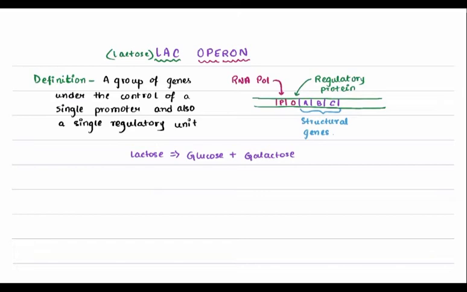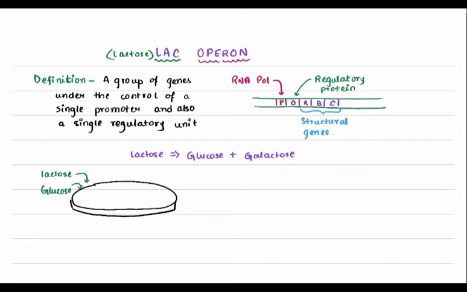Say, for example, if this is a culture plate and you're growing bacteria on it, and you provide as carbon source both lactose and glucose.